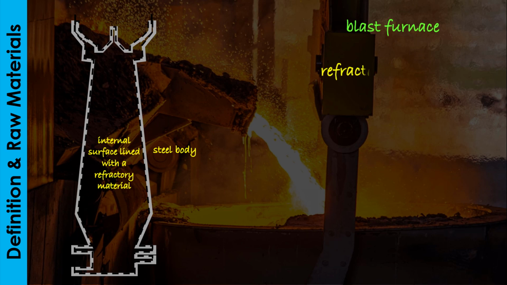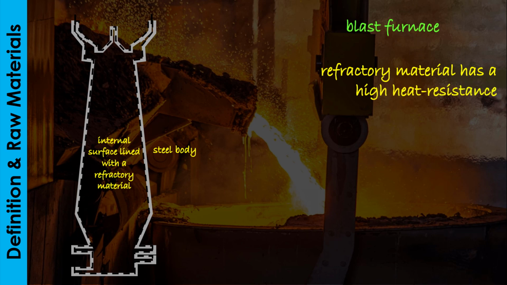A refractory material is one that has a very high heat resistance. This is important because since the melting points of metals are generally high, where they are to be extracted must be made of materials whose melting points are higher than theirs.